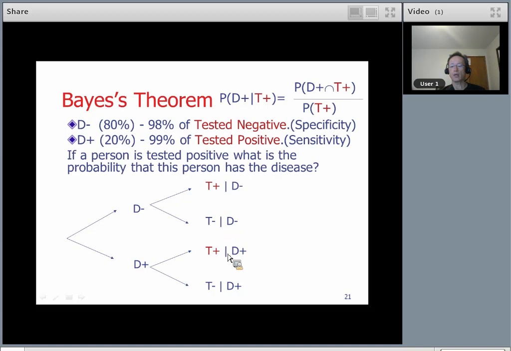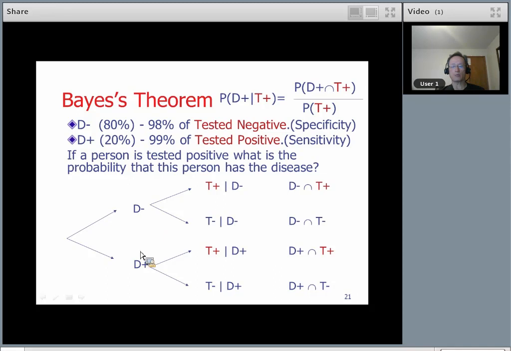Among those who have disease, some of them test positive, some of them test negative. So, if we're interested in people who have disease or not, versus whether the person will be tested positive or not, we have all these four possible situations. Either this event happens or this event happens and so forth.